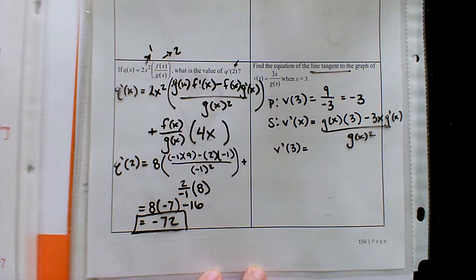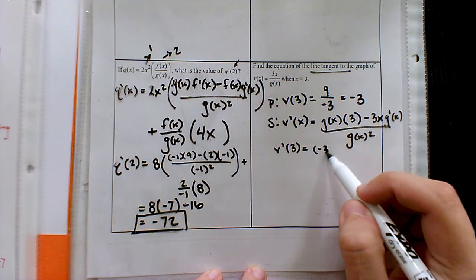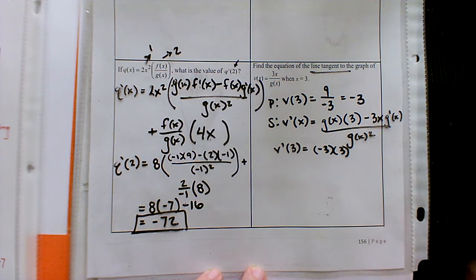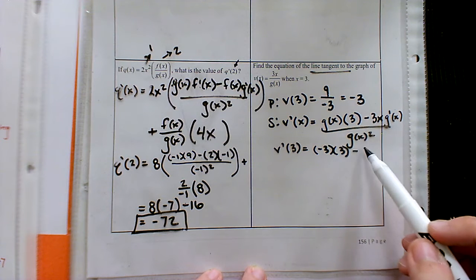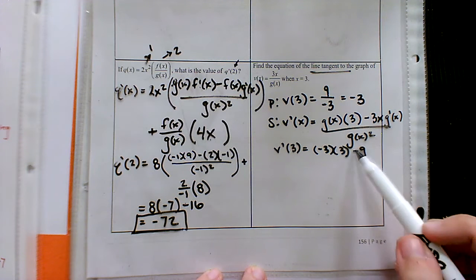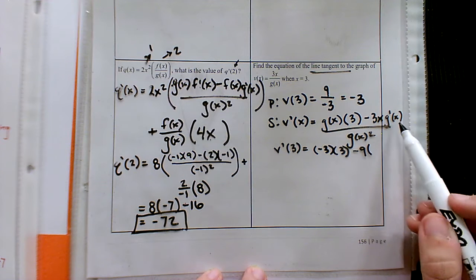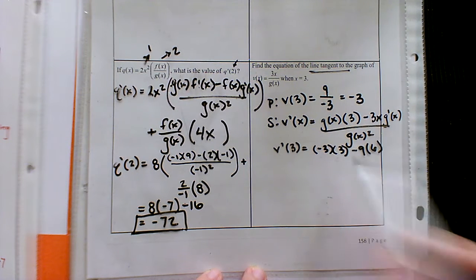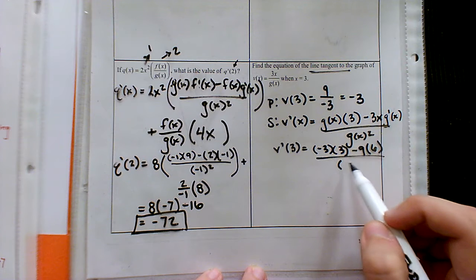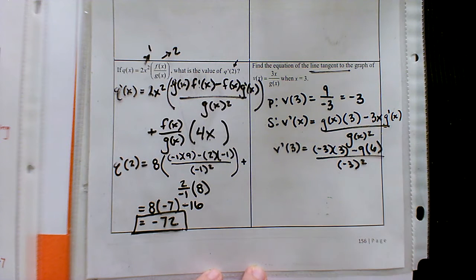So let's plug in 3 to get our slope value. G of 3 based off the table was -3. If we plug in 3 for the next x, we'll get 9. And then g prime of 3 was 6. G of 3 was -3 again, and we have to square it.